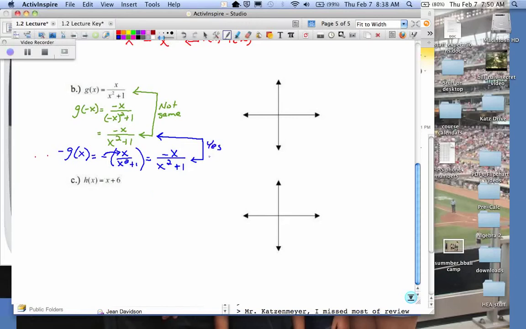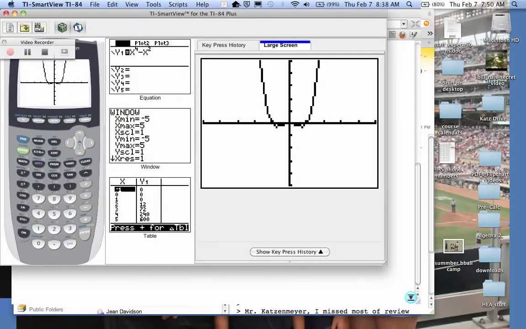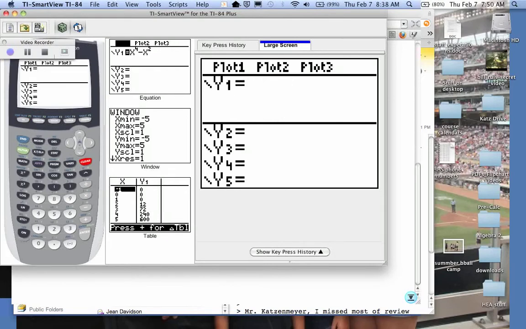Yes. So they're odd. Right? So I have x being divided by parentheses x squared. Was it plus 1? X squared plus 1.